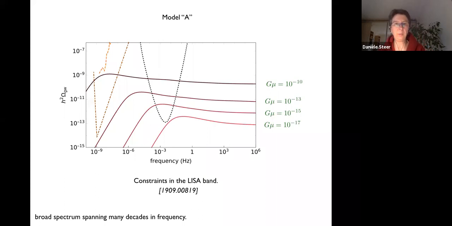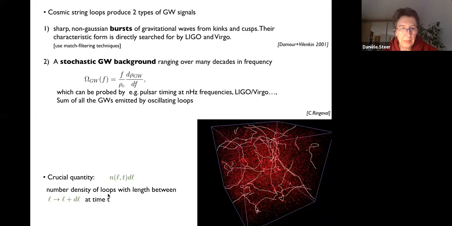I've just called them, in a rather unpleasant way, Model A and Model B. Model A and Model B simply differ by the properties of this loop distribution for very small loops. They agree for large loops, but for small loops, they disagree.